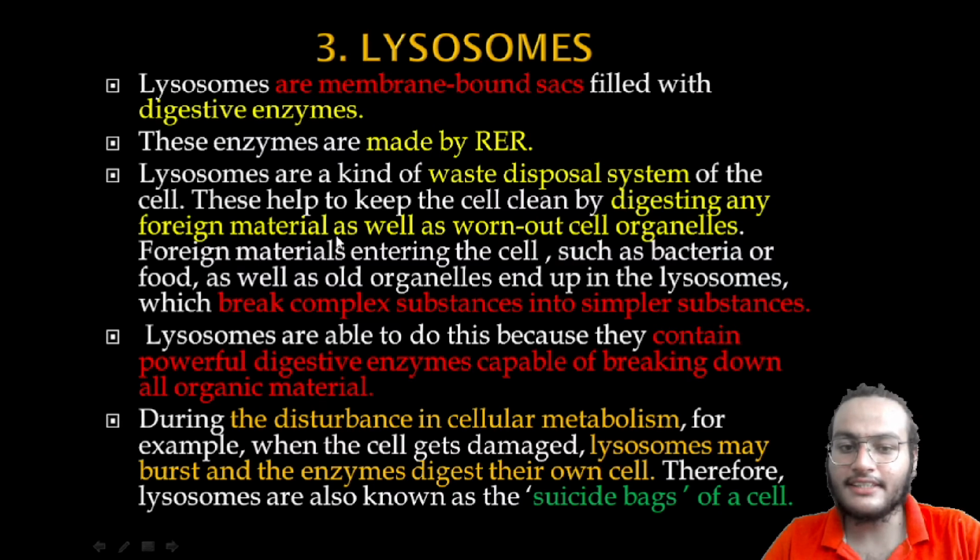Foreign material such as bacteria or food. They also eat up old organelles. So their basic work is to break complex substances into simple substances. Lysosomes are able to do this because they contain powerful digestive enzymes capable of breaking down all organic material.